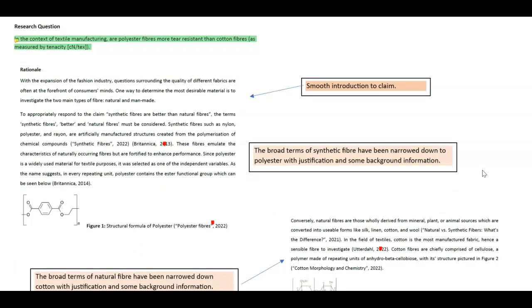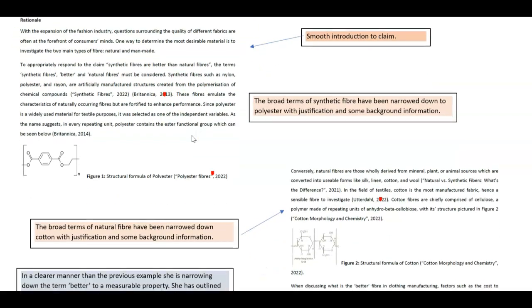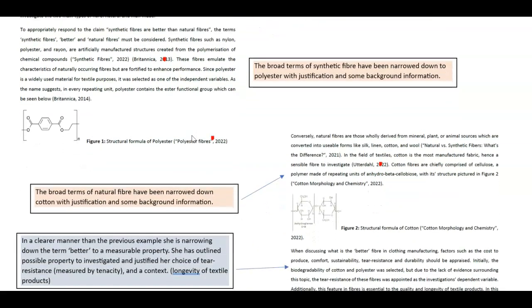Okay, we have another one that also is answering the same claim, which is synthetic fibres are better than natural fibres. Once again, she's set the scene before she says what the claim is. She's narrowed down the broad term synthetic fibre down to polyester and given some justification and some background information about polyester when she's narrowed it down, which is a slightly different structure to the one above, but just as effective, probably more effective in fact.